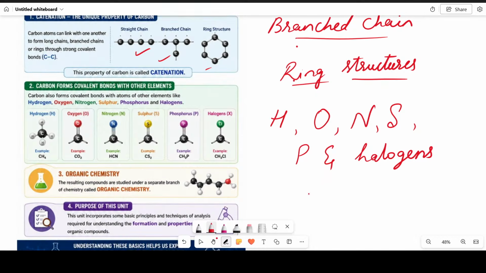Therefore, carbon forms covalent bonds not just with carbon but also with hydrogen, oxygen, nitrogen, sulfur, phosphorus, and halogens.